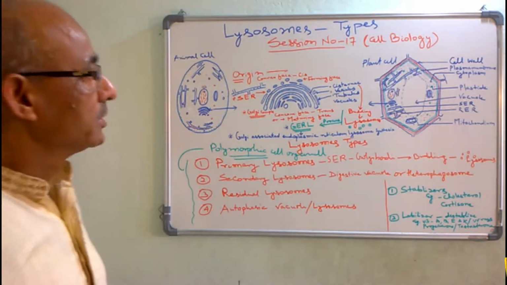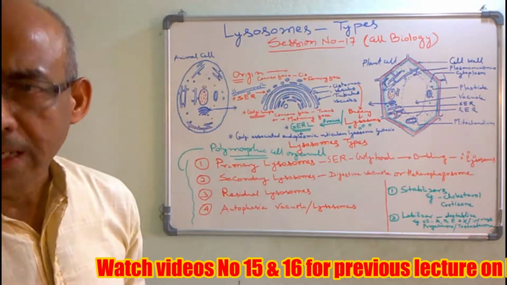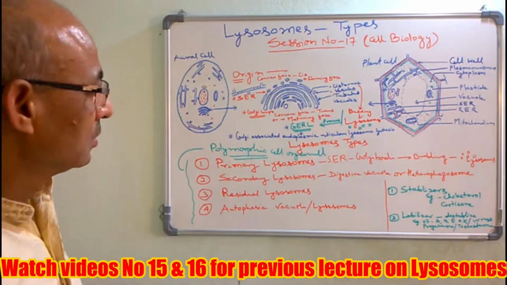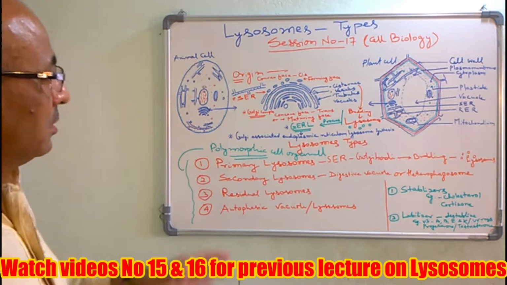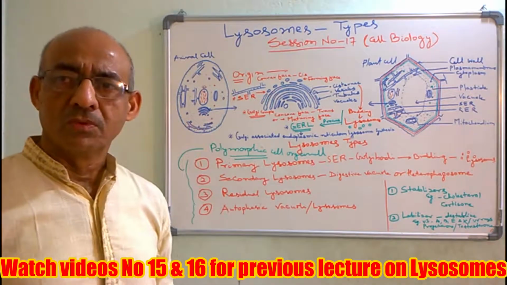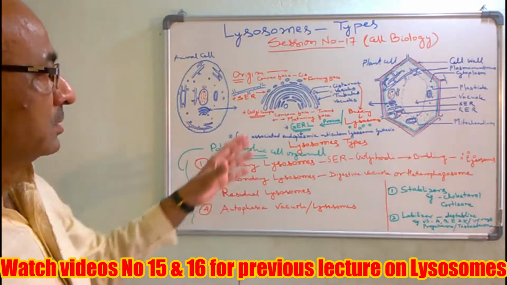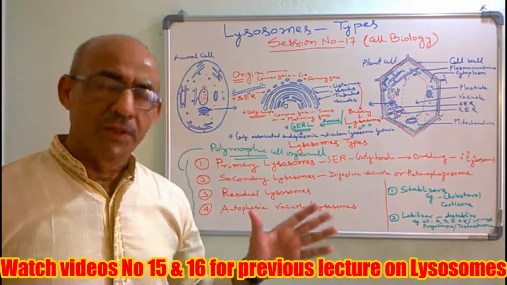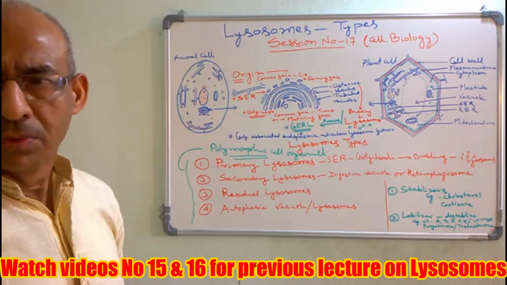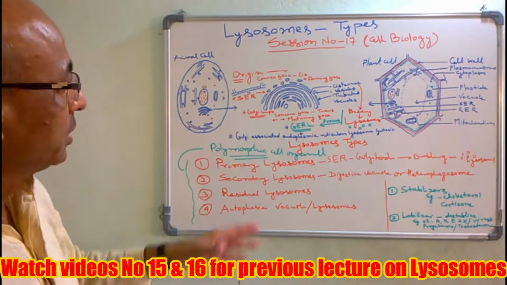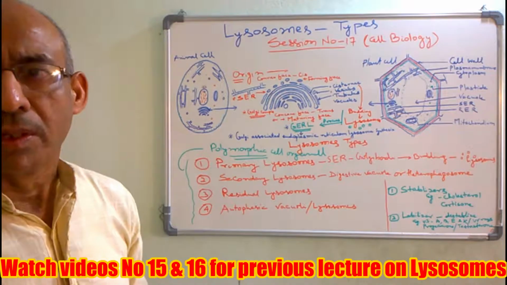In the 15th session, we went through the process of origin of the lysosome. We discussed how lysosomes are originated by Golgi bodies with full coordination and association of the smooth endoplasmic reticulum.